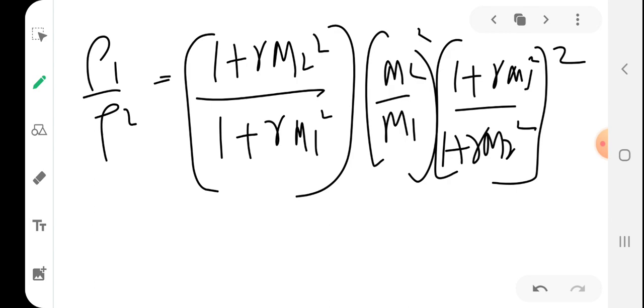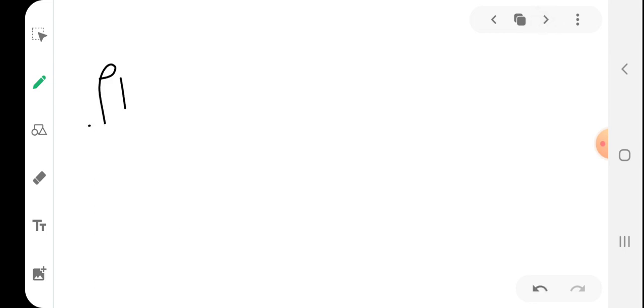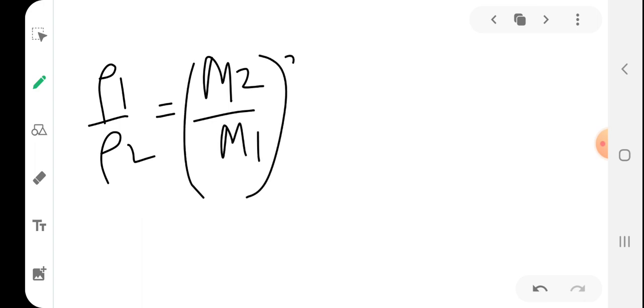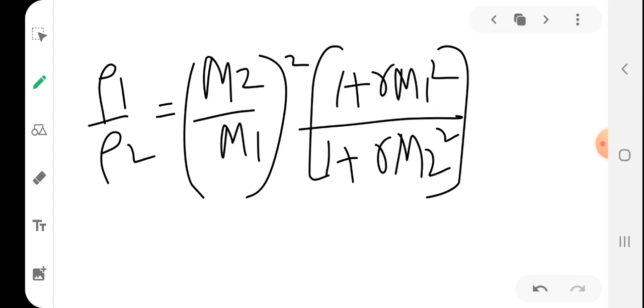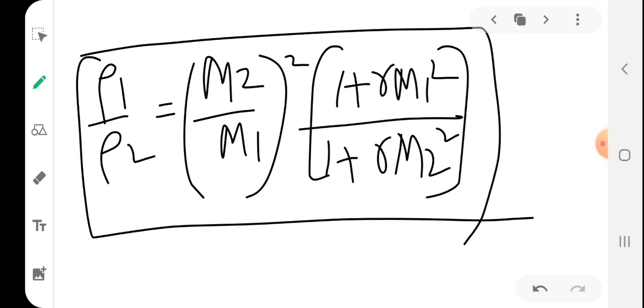Now you can strike off terms: the squares cancel and one square remains. So rho 1 by rho 2 is M2 by M1 whole square into 1 plus gamma M1 square by 1 plus gamma M2 square. This is the equation for the density ratio.